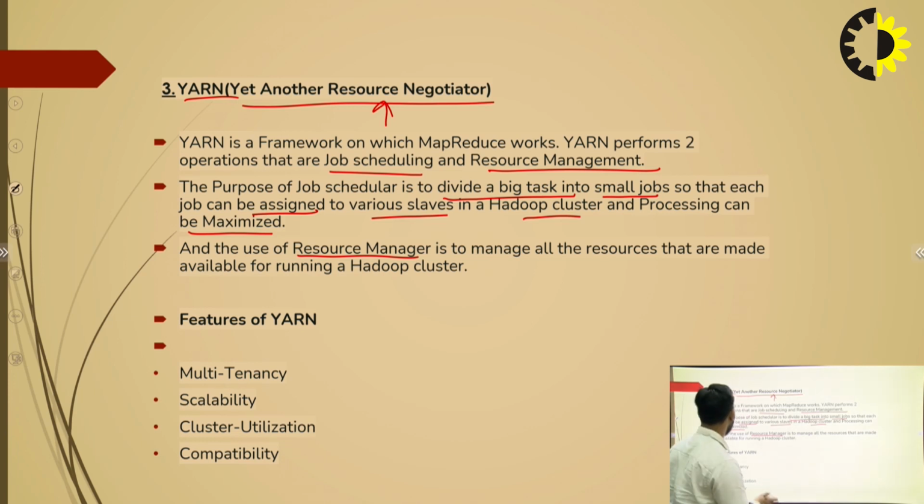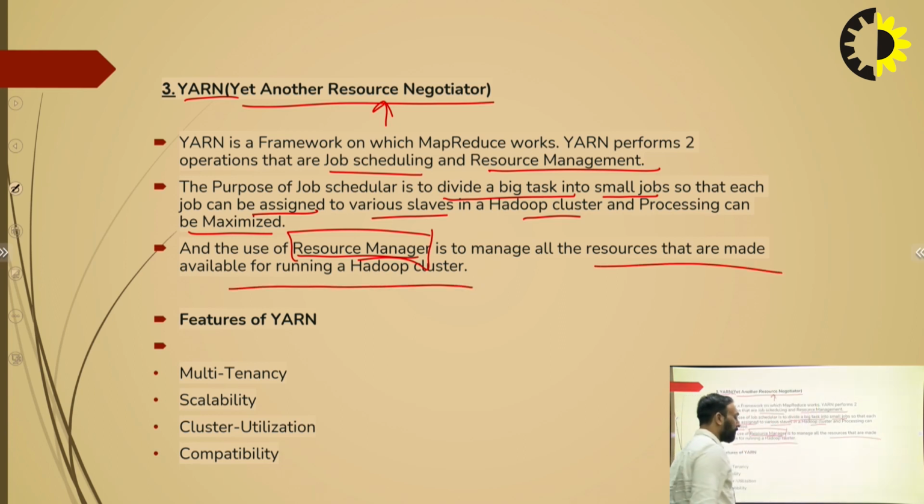Resource management also matters in a cloud computing architecture. The use of resource management is to manage all the resources that are made available for running a Hadoop cluster. Within a Hadoop architecture, different resources are required to perform the data processing on a bulk size of data.